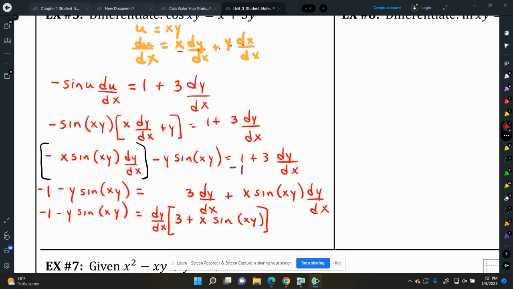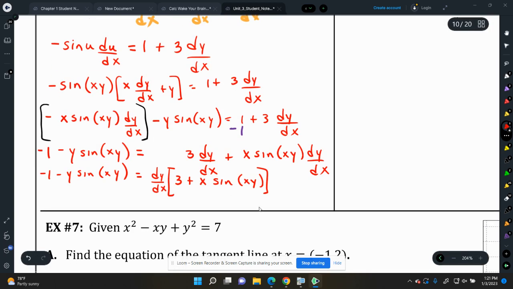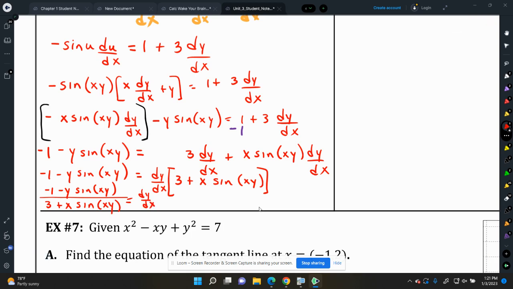What am I going to do with that? Trying to get dy dx. Divide, yes. So we end up with negative 1 minus y sine xy divided by 3 plus x sine xy equals dy dx. And we're finished. That was crazy. That was nasty.